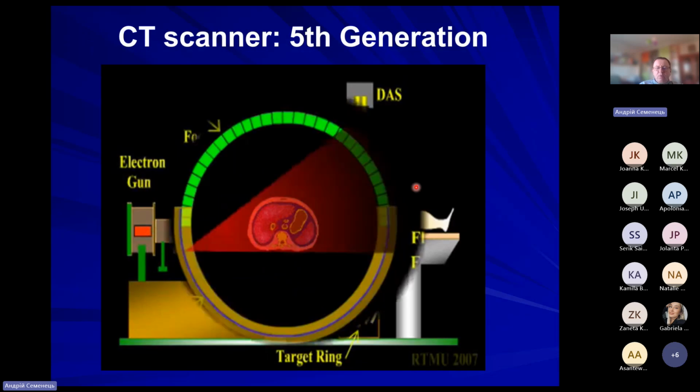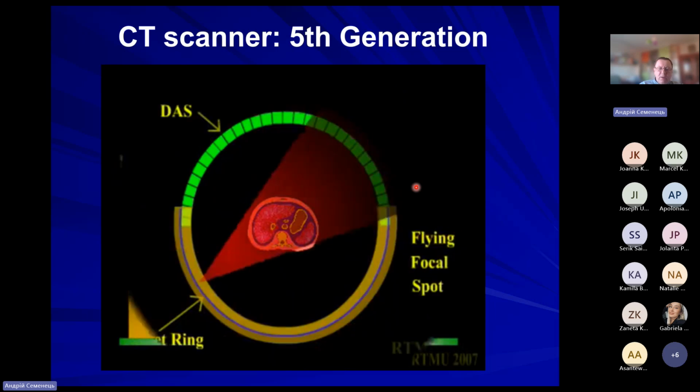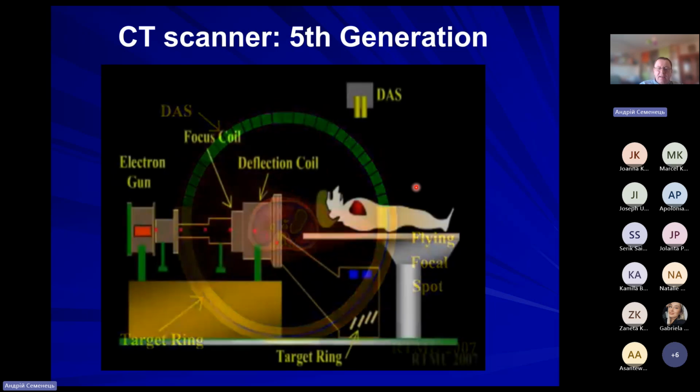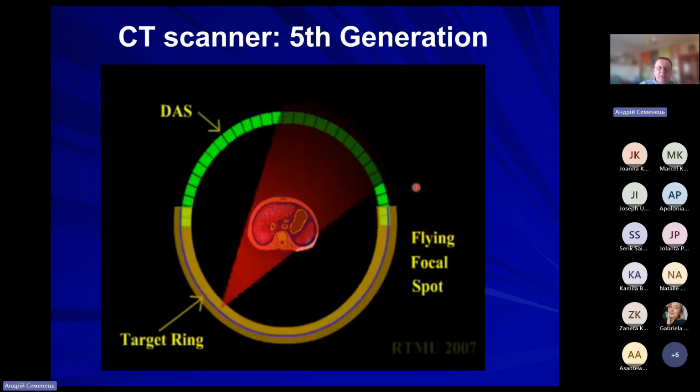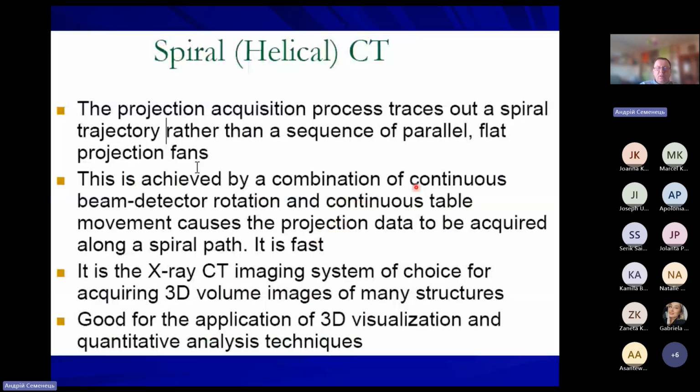That is more or less how it works in modern times. We have target rings, we have a series of deflection coils which deflect the signal, and we get our signals.